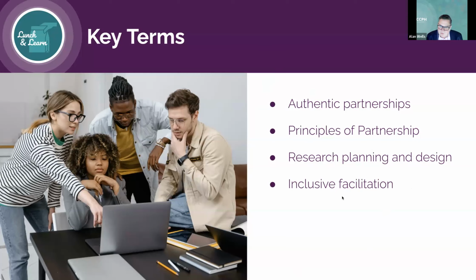In framing that, we're going to be talking about the principles of partnership. The principles of partnership have been widely used. They were developed by the CCPH Board of Directors. They're part and parcel of other NIH-funded research as a guiding mechanism. They are Donabedian.